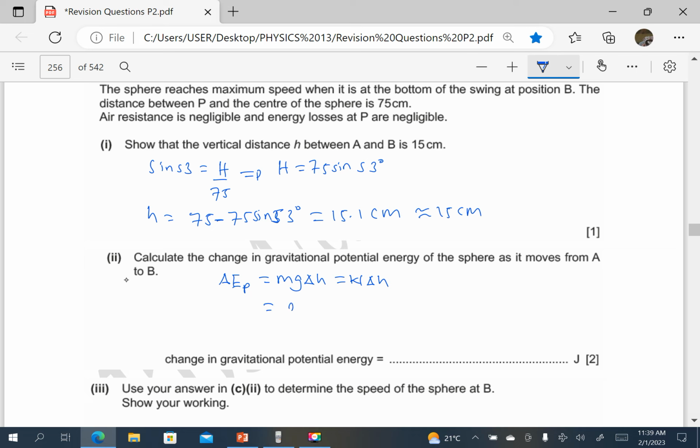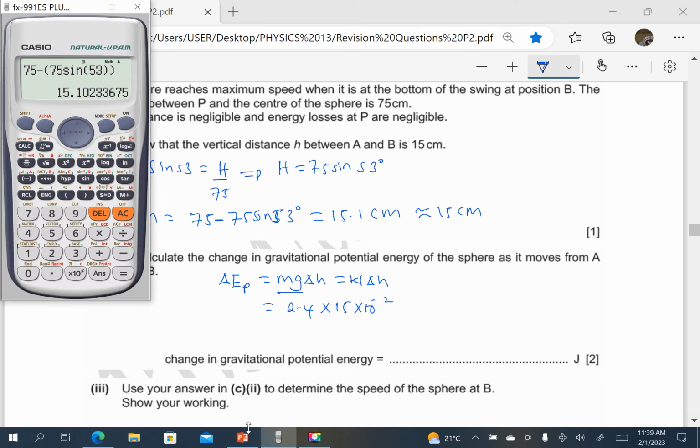So this is going to be 2.4, which is the weight, mg, times the height, 15 times 10 power negative 2. That is 0.36.